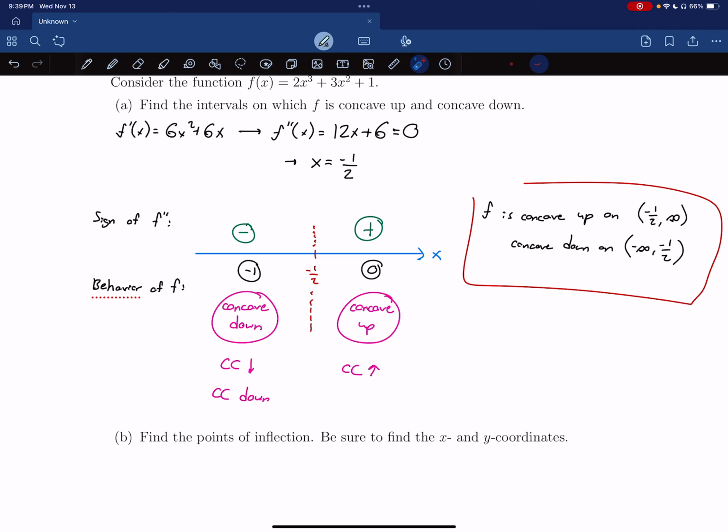Just to clarify, concave up from here going that way, and then concave down all the way from negative infinity to negative 1/2. I touched on this in the last video as well. Very important to use parentheses here.